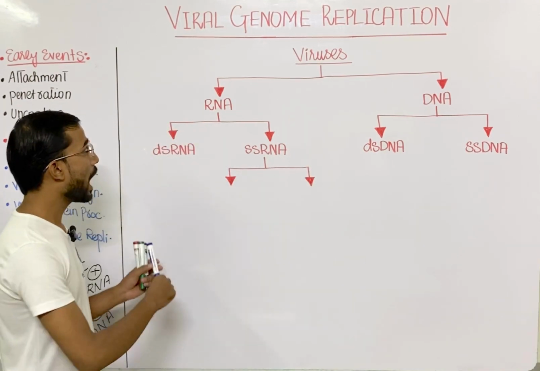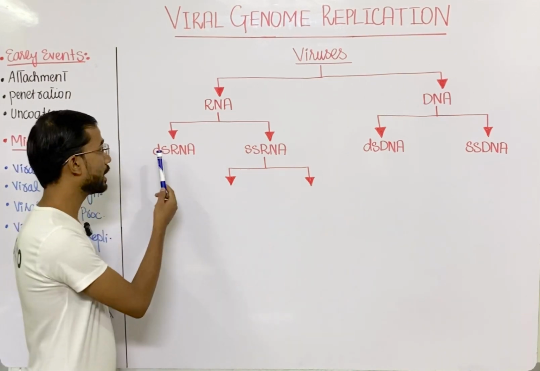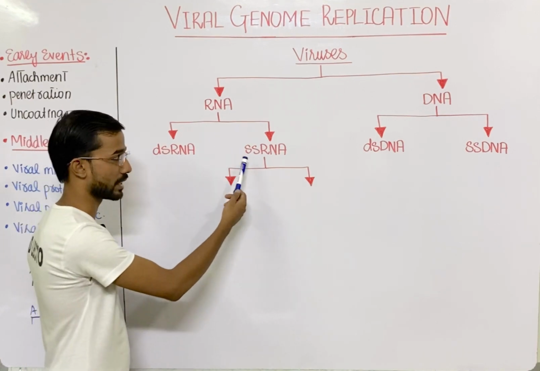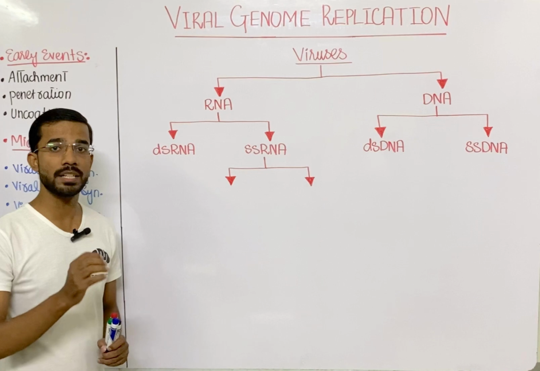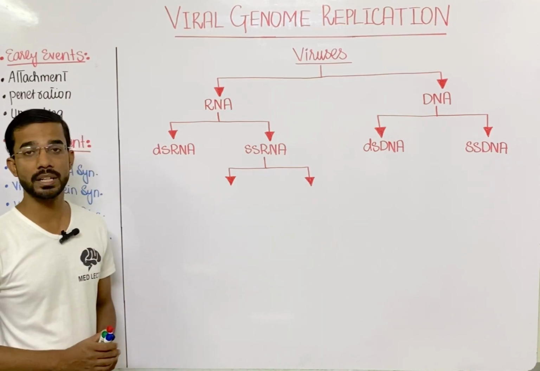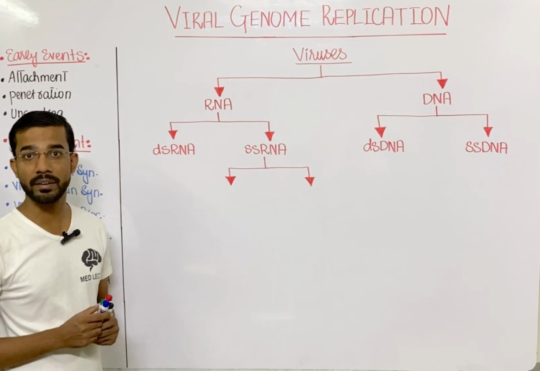RNA viruses we further categorize on the basis of the number of strands: double stranded RNA and single stranded RNA. First, the double stranded RNA: here you will see both polarities, the positive polarity strand and the negative polarity strand.